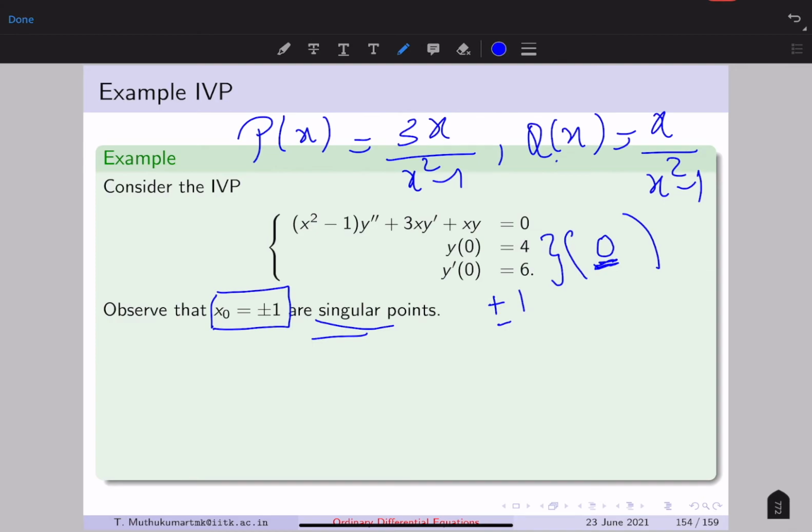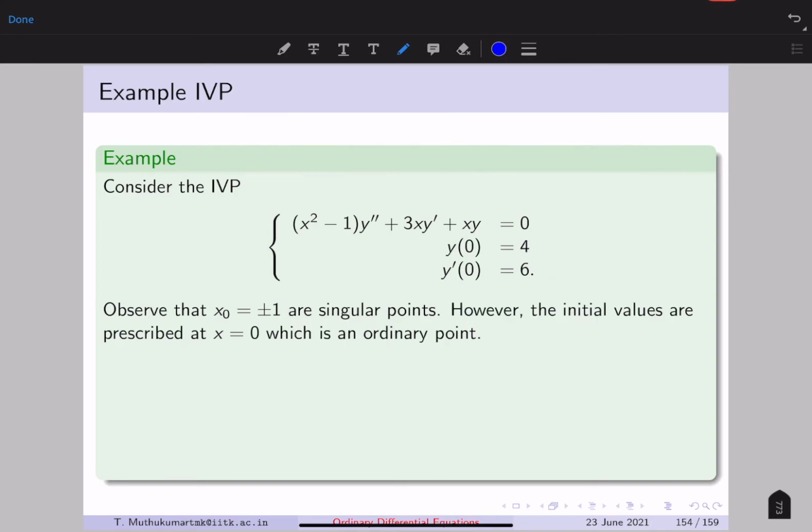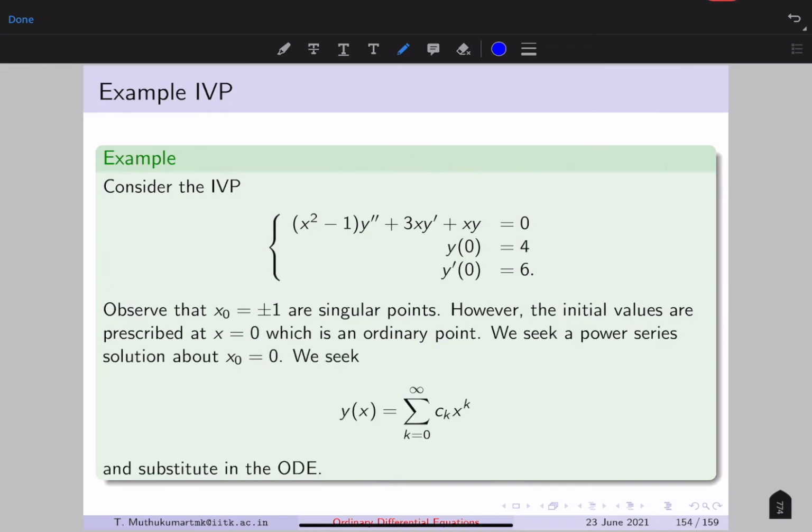The singular points don't really affect the solution, because you are going to write down the power series of Y around the point 0. The initial values are prescribed at x equal to 0, which is an ordinary point, so you can go ahead and look for a power series about the origin.